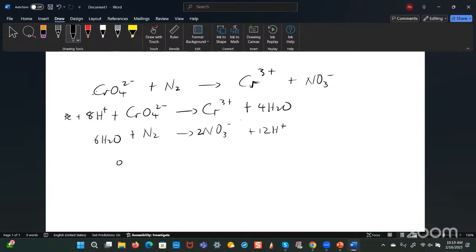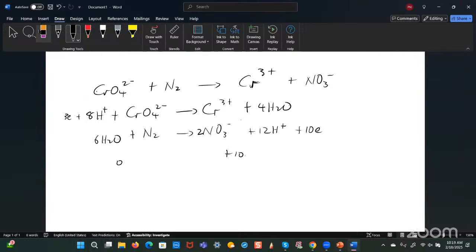You have 2 negative charges plus 12, that's what? Plus 10. Exactly. So to which side will you add electrons and how many electrons will you add to that side? 10 electrons on the right. So plus 10 electrons on the right.